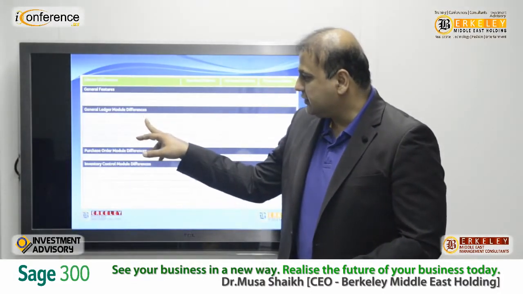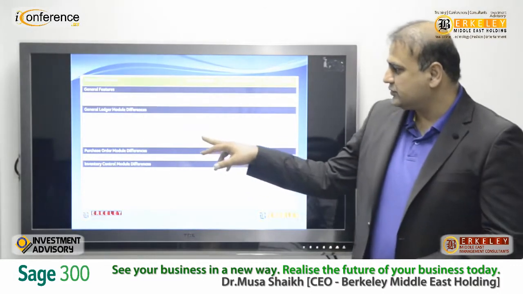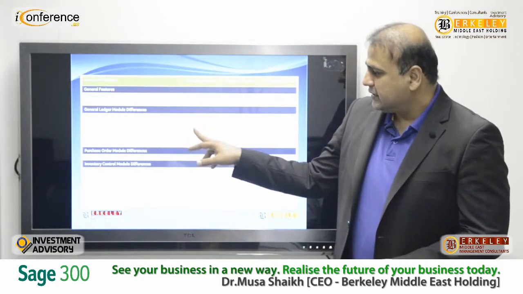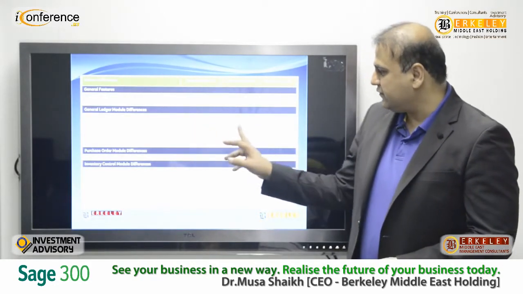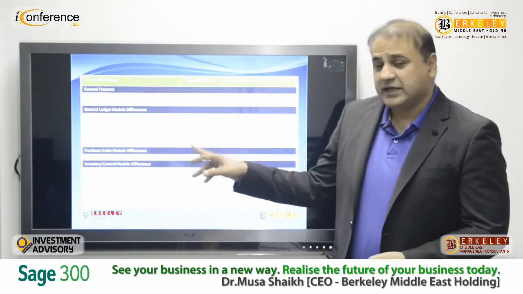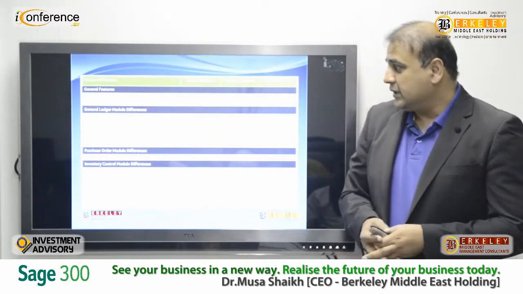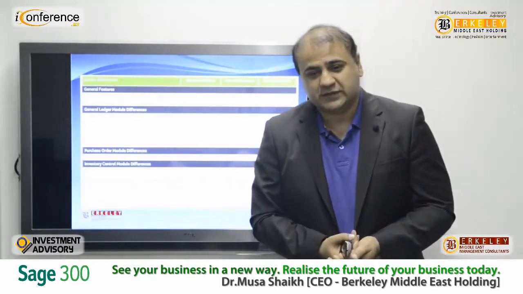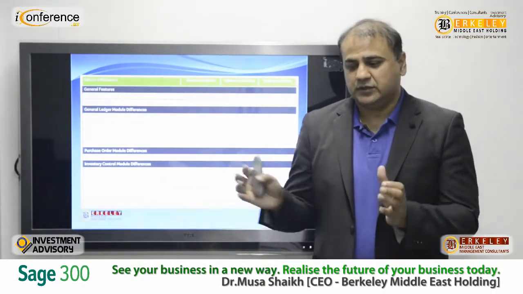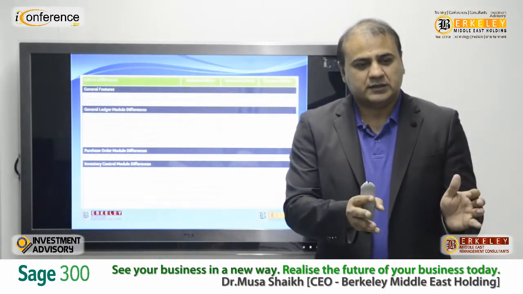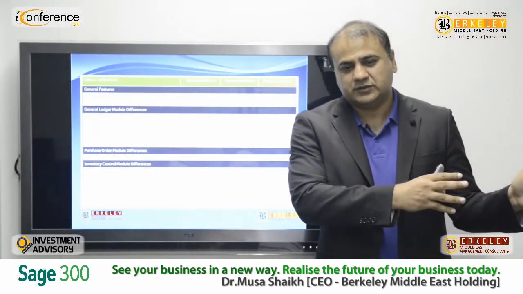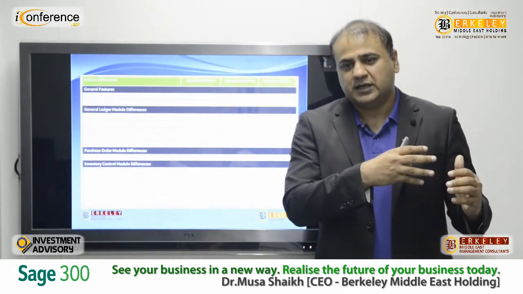For general ledger module differences, you can have account rollup added, and the number of account segments is 3, 4 or 10, along with the number of account structures. This is a very important concept. For example, if you are a CEO, you sell doors, cupboards and other things, so you need product-wise analysis.